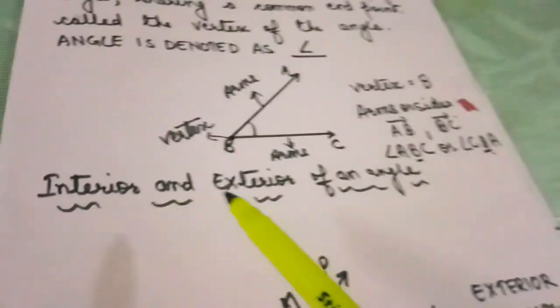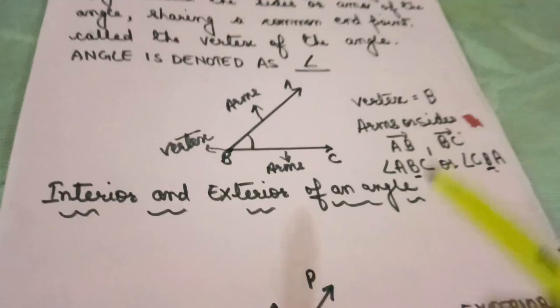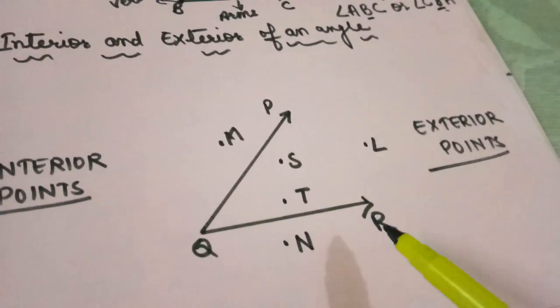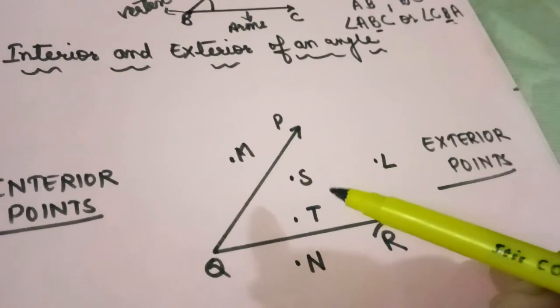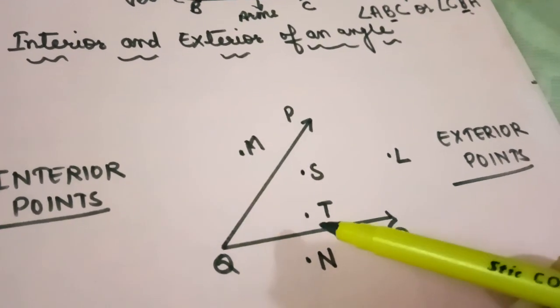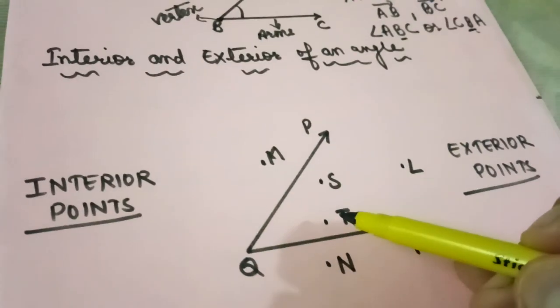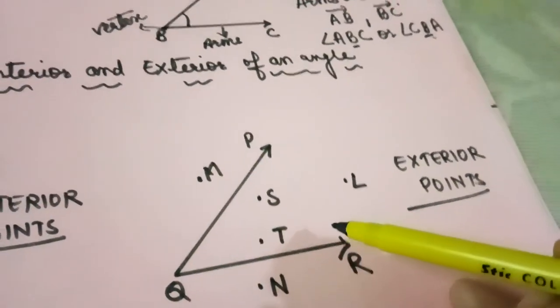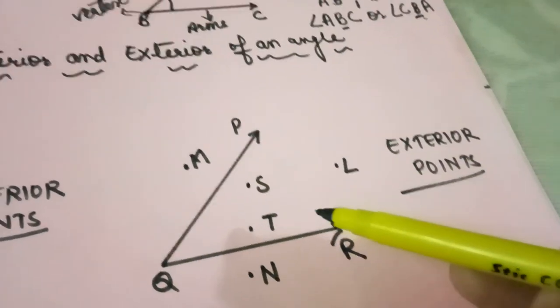Now interior and exterior of an angle. Here you can see I have drawn an angle, and the points which are inside of the angle are known as interior points, and the points which are outside of an angle are known as exterior points.